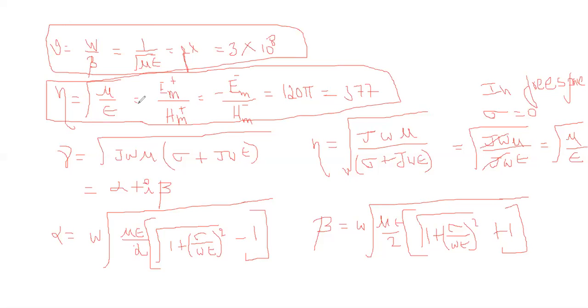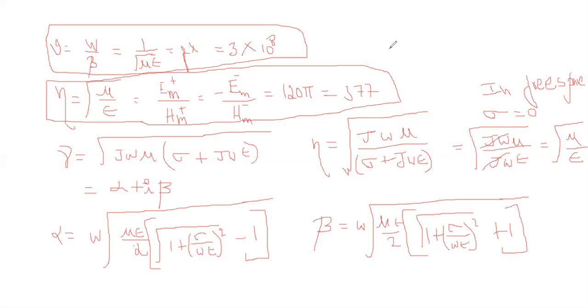If it is a perfect conductor, we will get j omega mu by sigma. So these are all the formulas you can use to find the uniform plane wave in a perfect dielectric, a perfect conductor, and in lossy and lossless dielectrics, and the practical dielectric also.